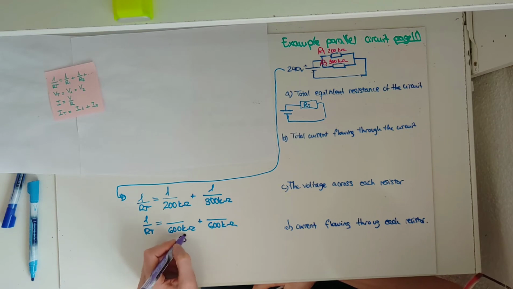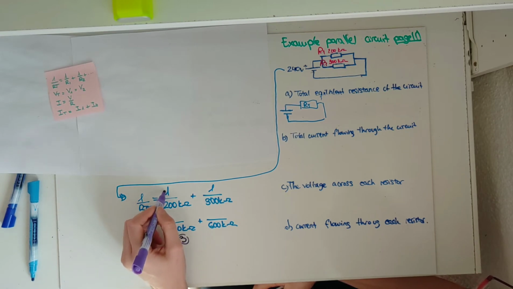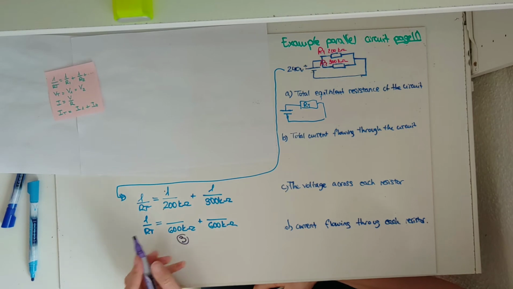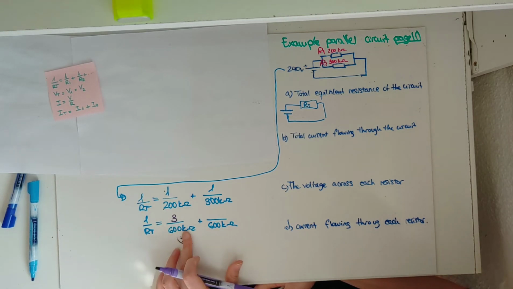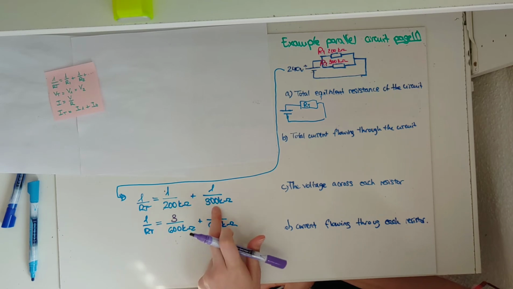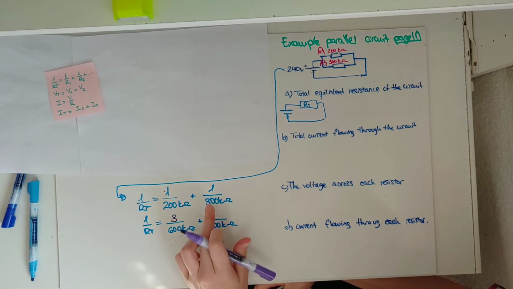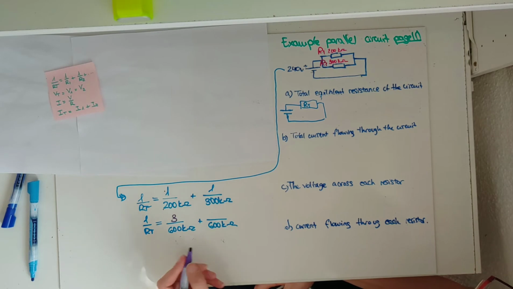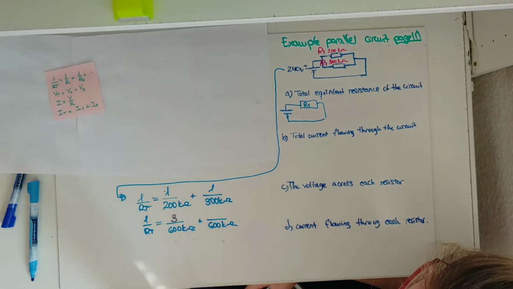So I multiply 3 by this number, so it's 3. 600 divided by 300 is 3. No, 2. Sorry, it's 2.